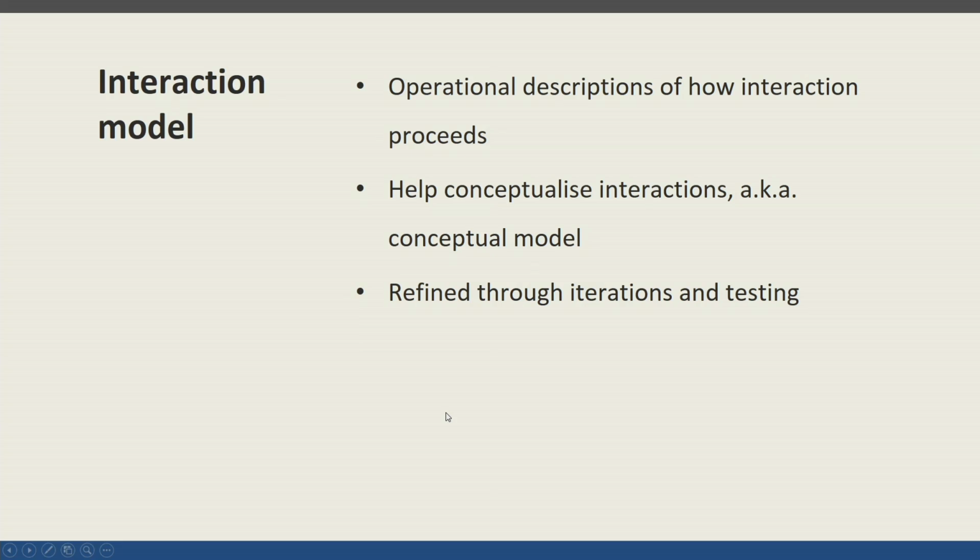And if you remember that continuum where you had the mental model at one place and the implementation model at another place, and so many represented models in between, you will get a sense that designing or conceptualizing the represented model is a highly iterative process. Every time you create an iteration, it's better to test it and then improve further on that iteration. So the interaction model gets refined through iterations and testing.